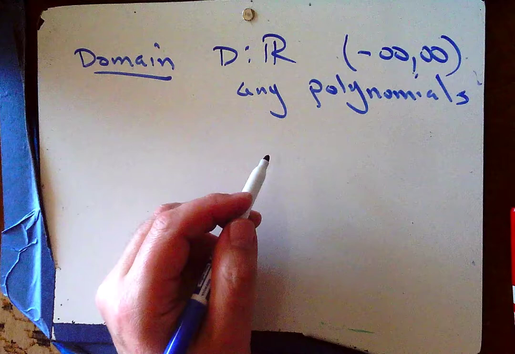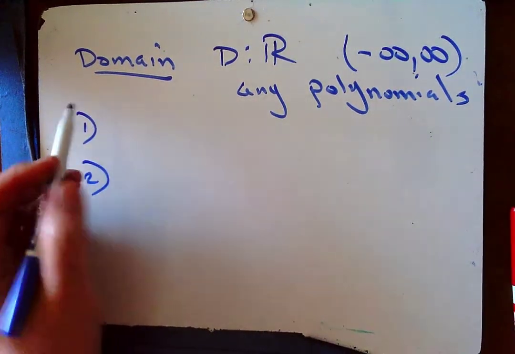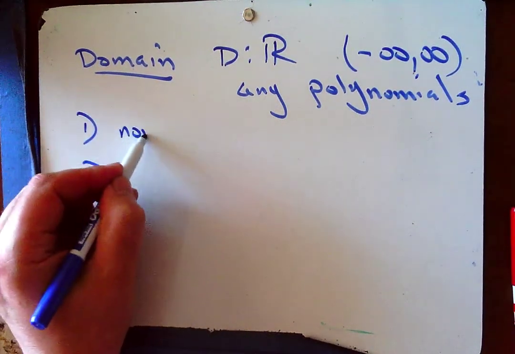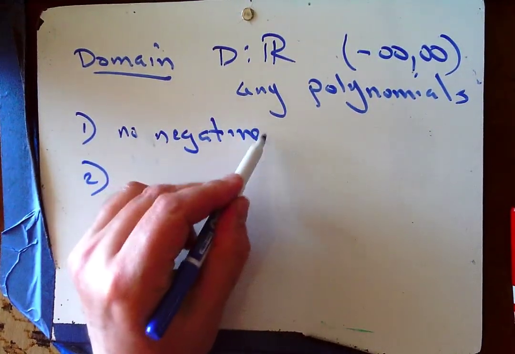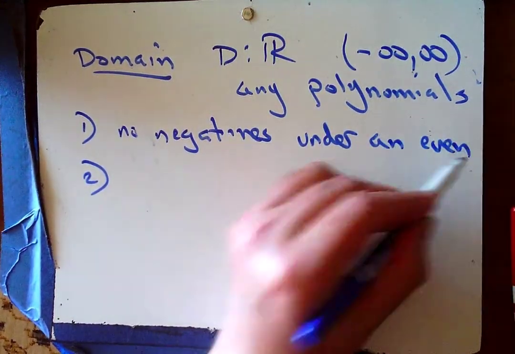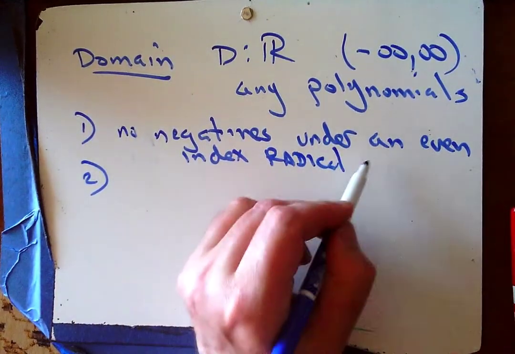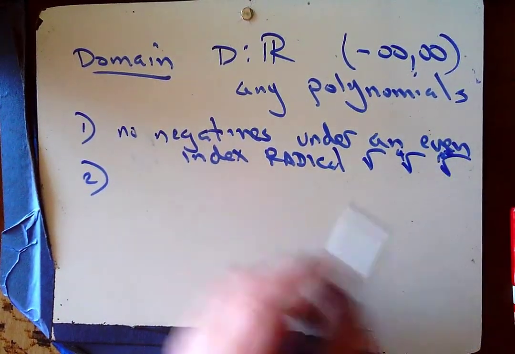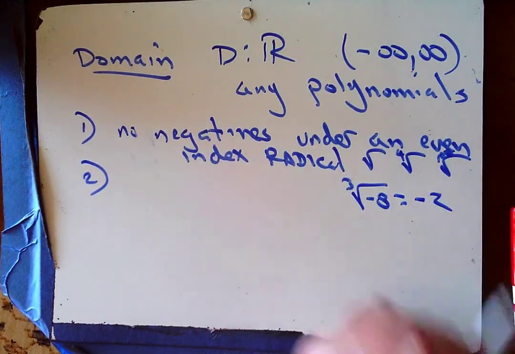Okay, but what about things with restricted domains? Well, we remember two main things that restrict domains. One is no negatives under an even index radical. So no negatives under square root or fourth root or hundredth root. It's okay to have a negative under a cube root. That's not a problem.